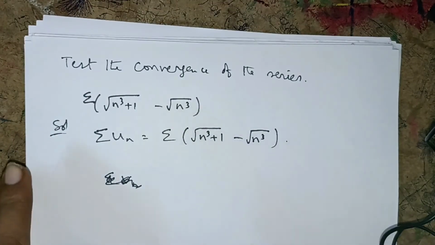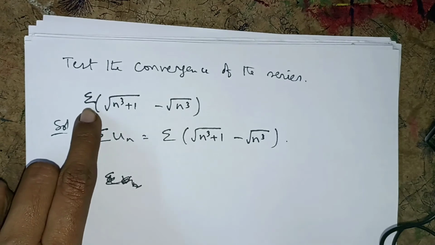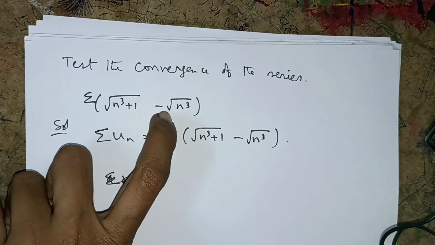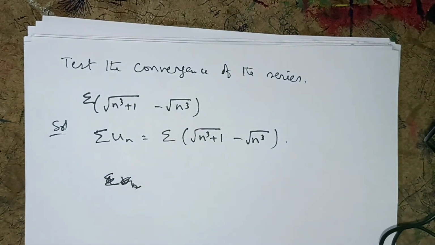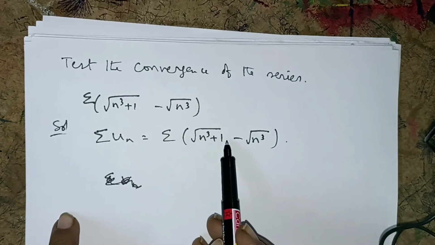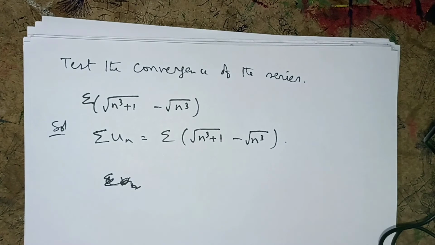Now if the given series is not like a fraction, we have to rationalize the denominator. Why should we rationalize the denominator? Because we need to choose an auxiliary series, and to find the auxiliary series we need some denominator as well as some numerator.